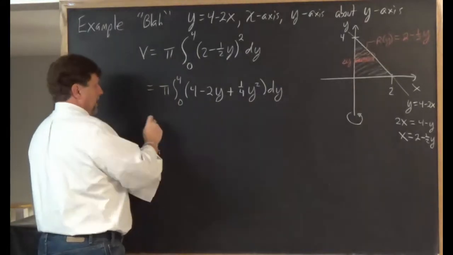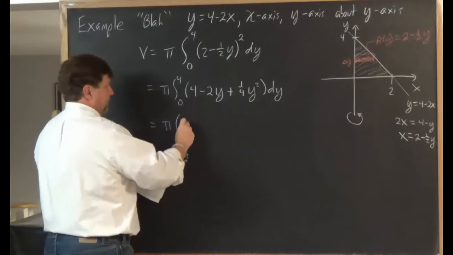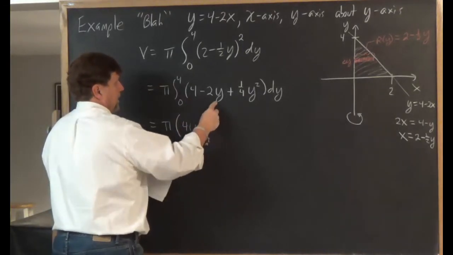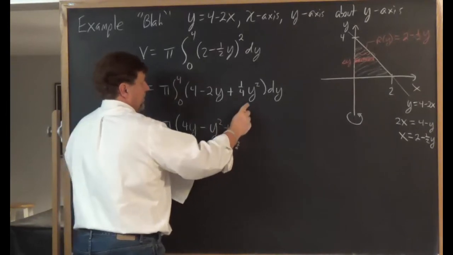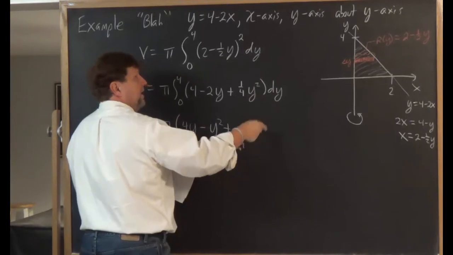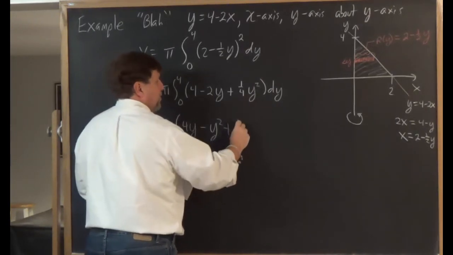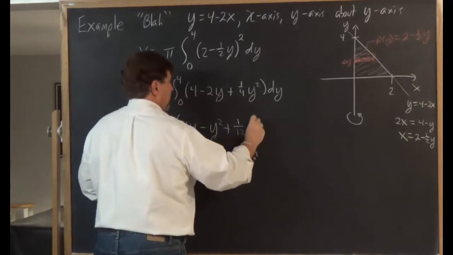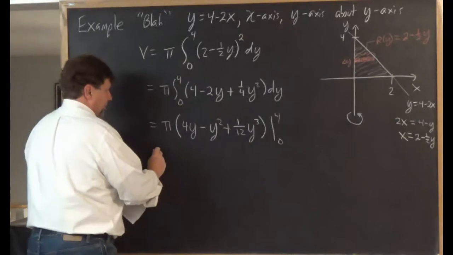And we get an antiderivative: that's 4y minus y squared. For the last term, the new exponent would be 3, and the multiplier in front would be 1/3. So 1/4 times 1/3 is 1/12. Okay, evaluate that from 0 to 4.